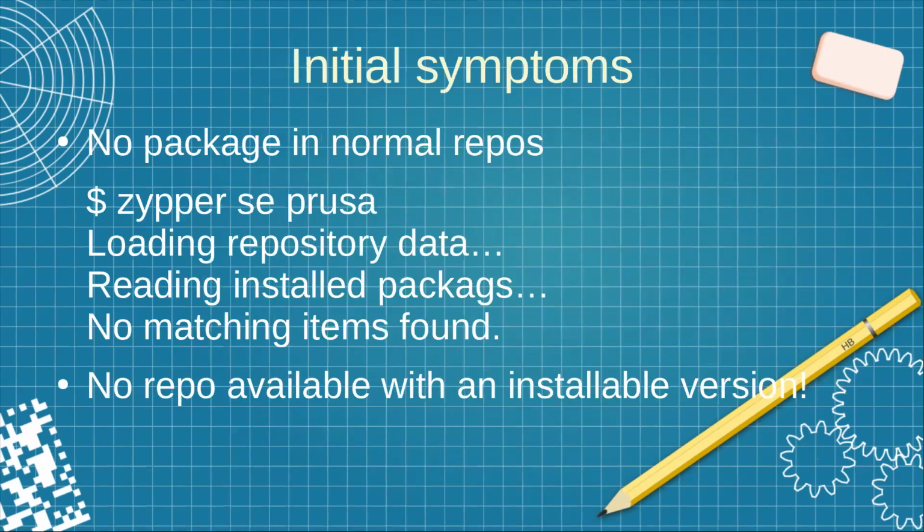All right, so I went to try to find a package. It wasn't in the normal repos. Searching for it, zypper se prusa. Nothing there, no matching items found. I looked in software.opensuse.org. I could not find a version in openSUSE.